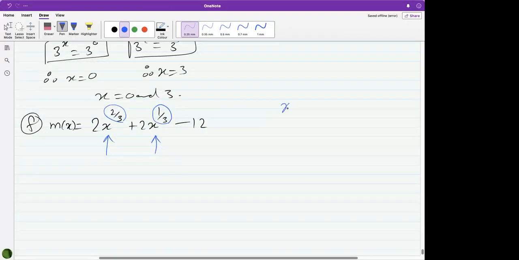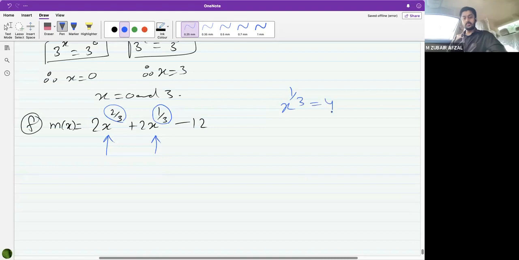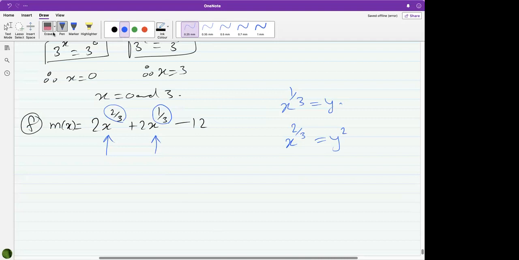If I say x to the power of 1 by 3 equals y, then what will be y square? This will be x power 2 by 3. Do you agree? I agree.